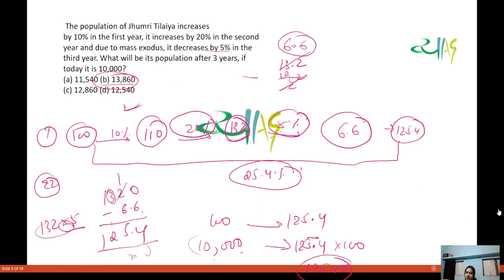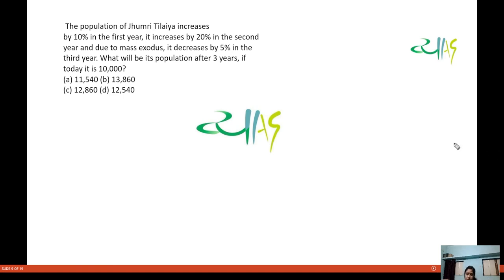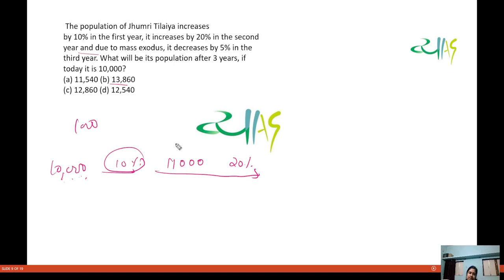See, this question could have been done directly also. तो आप 10,000 you could have taken, इसका 10% अगर population increase हुई, so what is 10% of this? 1,000. Okay, तो ये 11,000 this could have become. And if it is saying that इसका 20% now there is increase, so what is 20% of this? 2200.